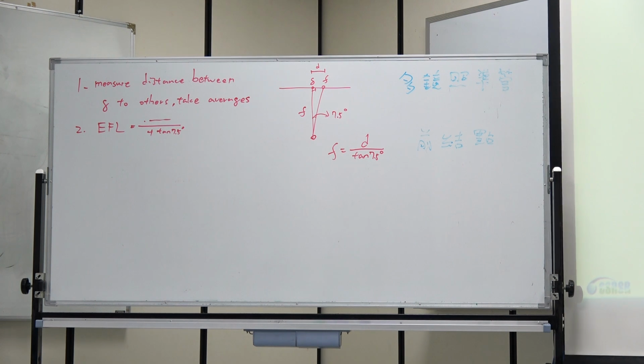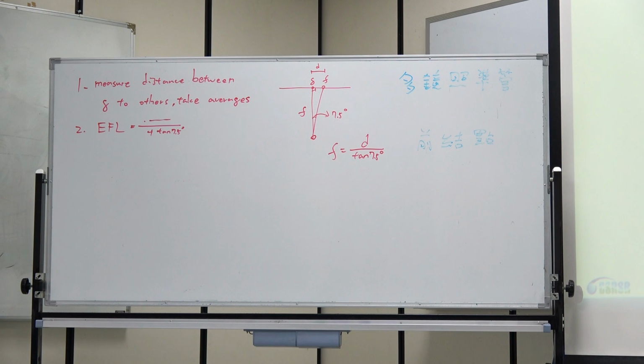For example, for the 15 degree, it will be the EFL, 153.305, and we multiply tangent 15. So this is the ideal distance from G to those 15 degree collimators.